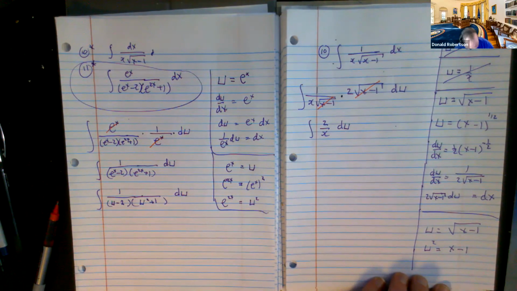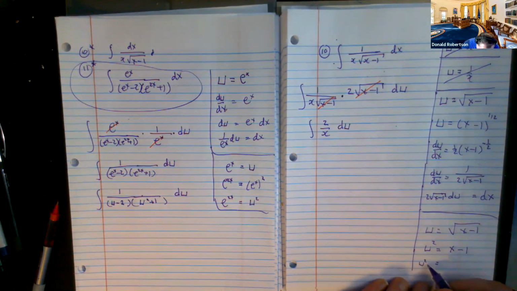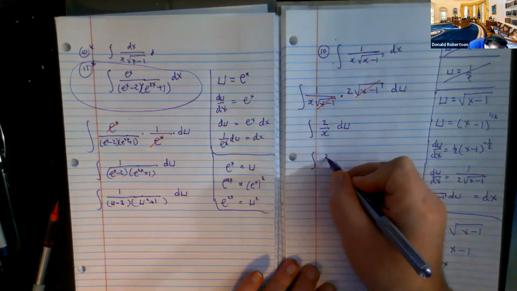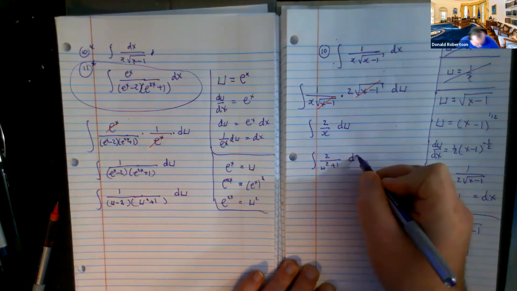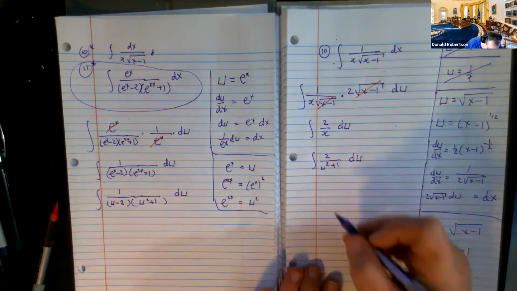Good. Now, what should I do next? Add 1. So this fella becomes, and then you say, thank you very much, because this question doesn't even need partial fractions. Isn't this just 2 inverse tans?